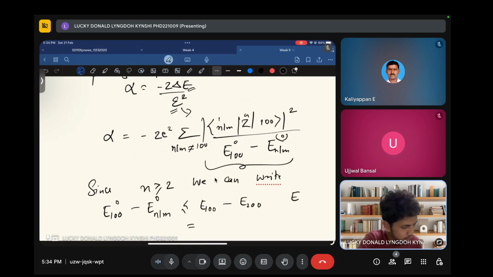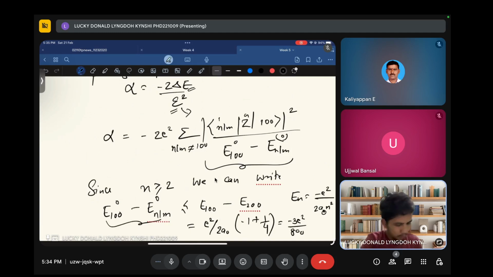If you use the energy, En is equal to minus E square divided by 2a naught n square. This is from your Bohr's theory a long time back, En is equal to minus m z square e to the power 4, but it is just represented in terms of a naught, where a naught is the Bohr radius. So it is E square by 2a naught times minus 1 plus 1 by 4, equal to minus 3e square by 8a naught.